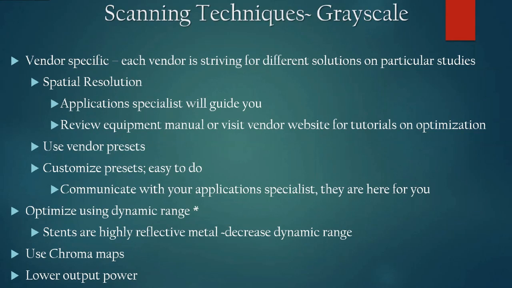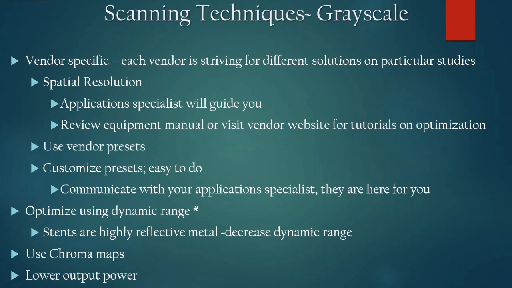So this is where you need to talk to your application specialist and learn your knobology on your machine, because each machine has different features that are going to be for grayscale optimization. Always review your equipment manual or visit the vendor's website on their specific features to help you know what will help your image quality.